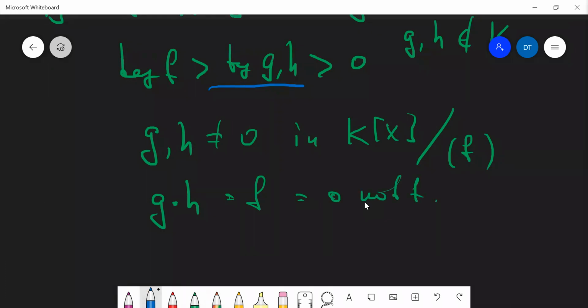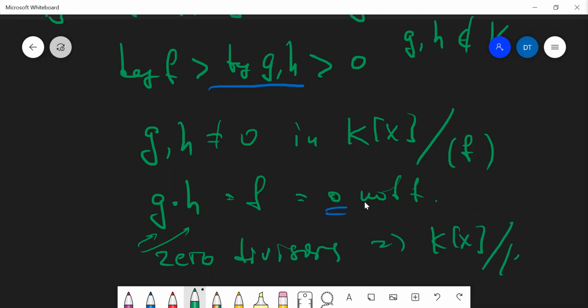So the result of their product is 0 in this ring. So again, we have 0 divisors, so it cannot be a field. So these guys are 0 divisors. Hence, K[x] modulo f is not a field.